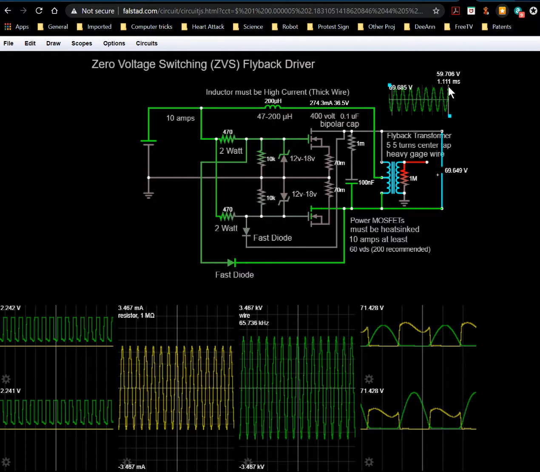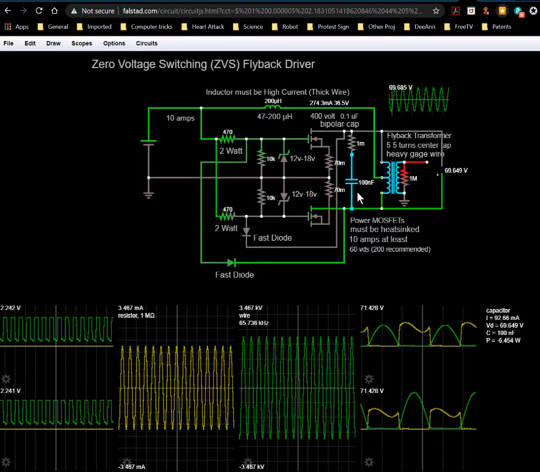You can see where we're at in the waveform across this capacitor-inductor parallel combination. The voltage is coming from this, probably the capacitor. The voltage across both of these right now is really high, and you can look at it as the capacitor being charged up.